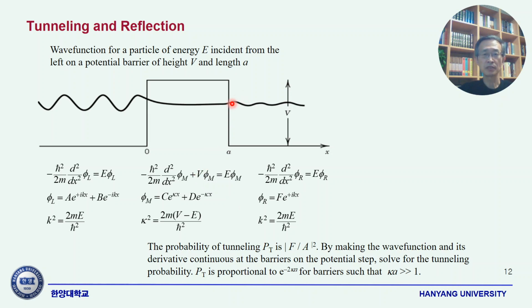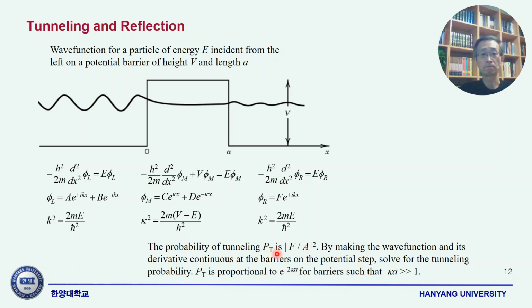Something must be tunneled out, which is proportional to F squared, and something must go into the barrier, which is A squared. So the tunneling probability is F over A, absolute value squared.